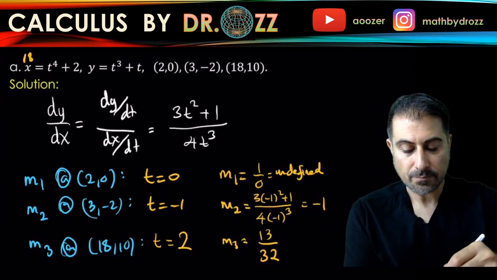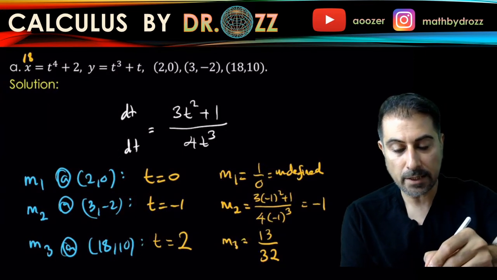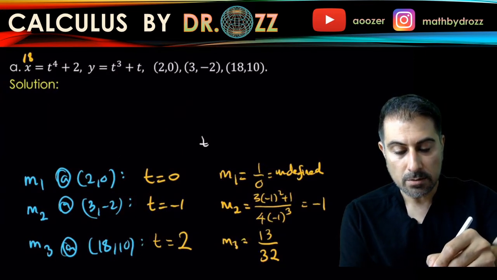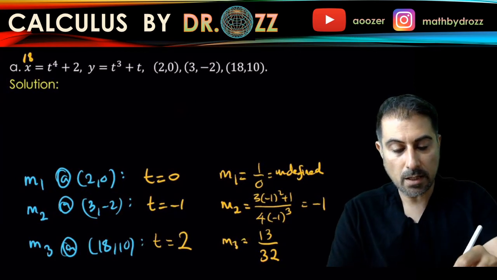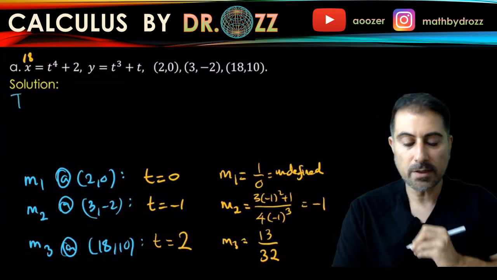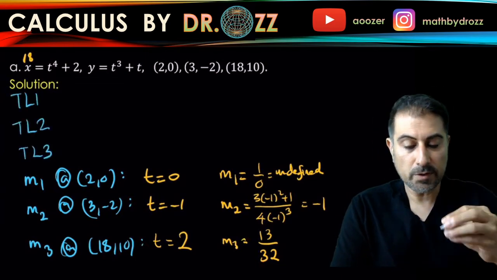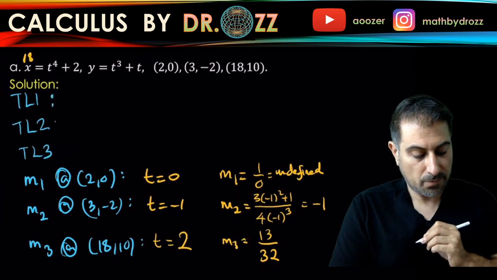And then, since we have all the slopes and the points, we can go ahead and write down tangent line 1, tangent line 2, tangent line 3. Okay, so here we go. We have the point slope forms of equations.